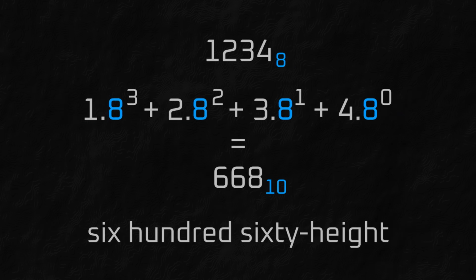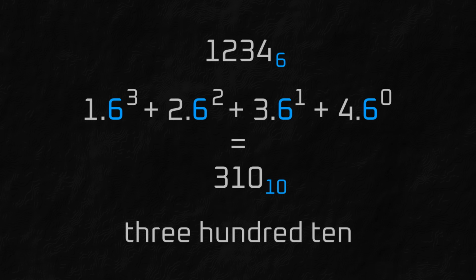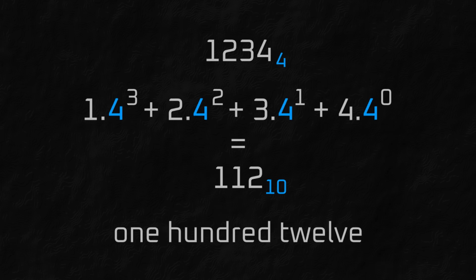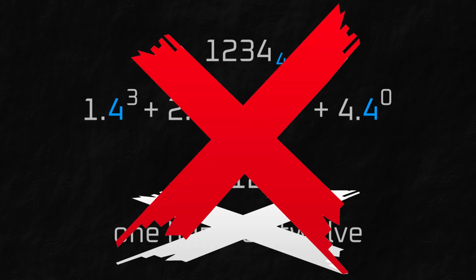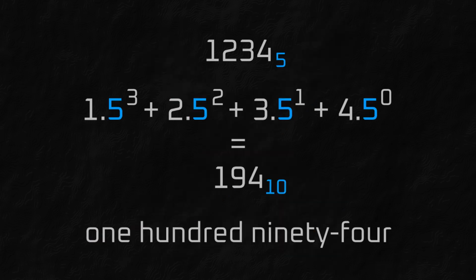But it also could be a number in octal, or in base 6, or in base 4. Hey, wait a minute. Base 4 is not possible because in base 4 we can only use the first 4 digits, that are the 0, the 1, the 2, and the 3. 1, 2, 3, 4 only makes sense if it's read in base 5 or bigger.